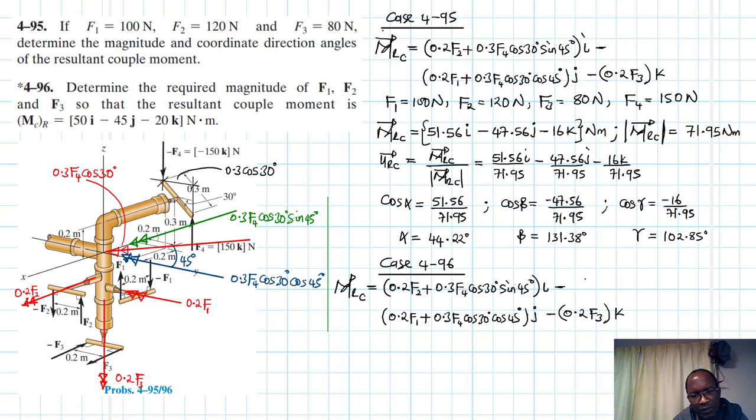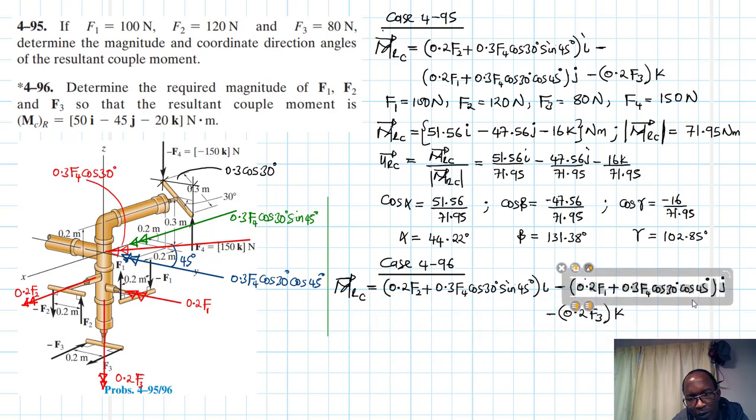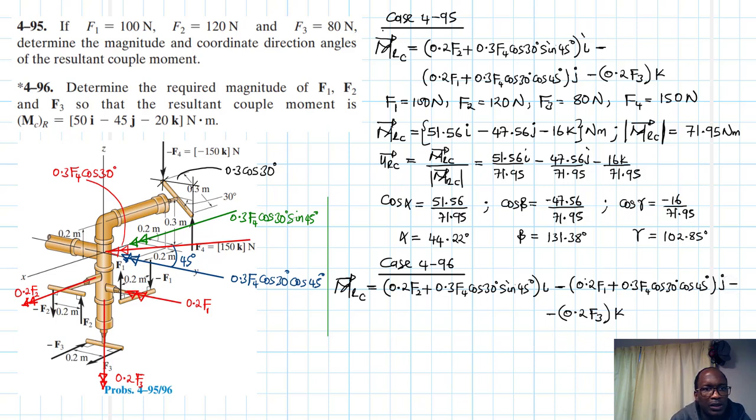Okay, so we have this moment vector there, with this component, the minus, and then this other part here.